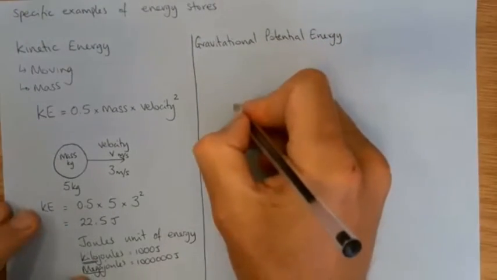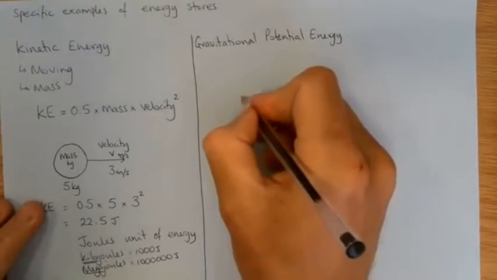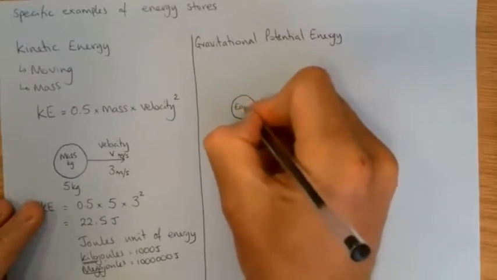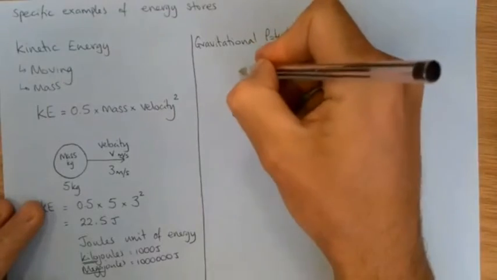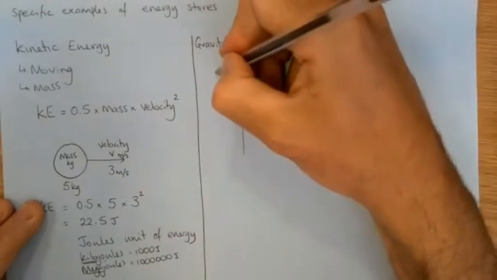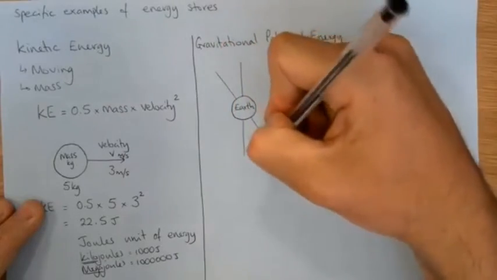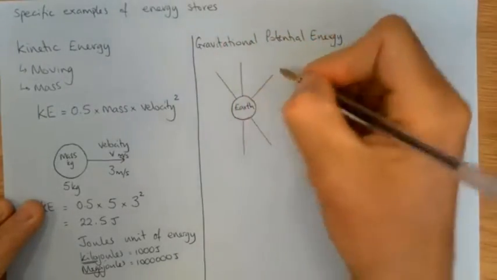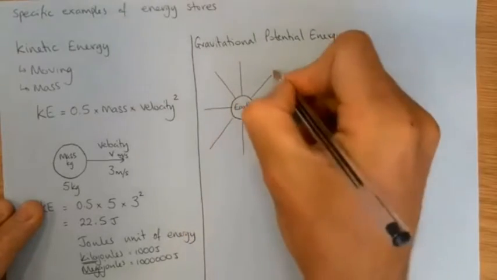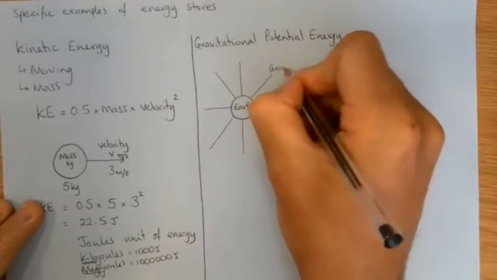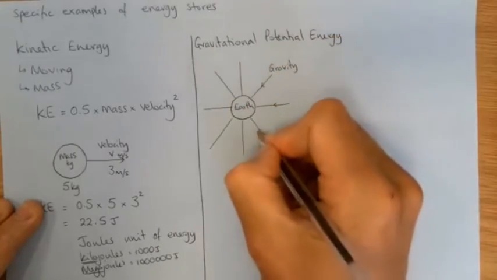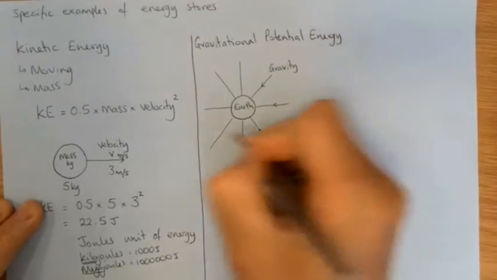So if we consider the Earth, and all around the Earth there is a gravity field attracting objects towards it.